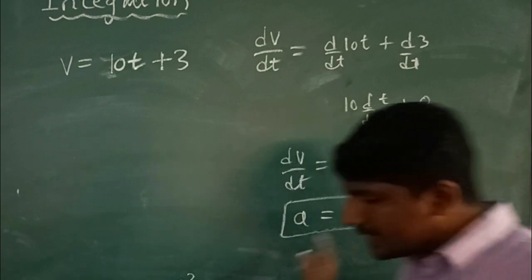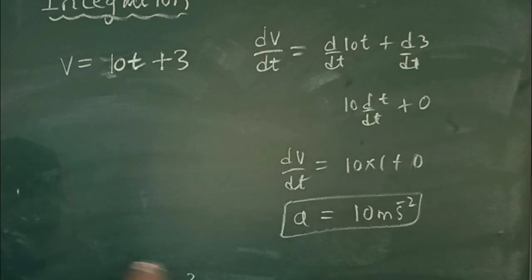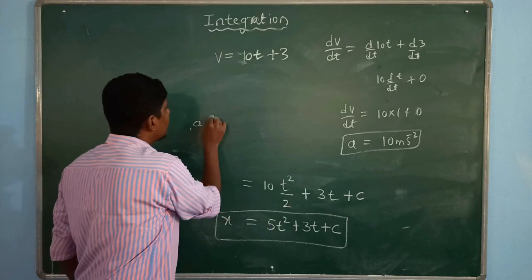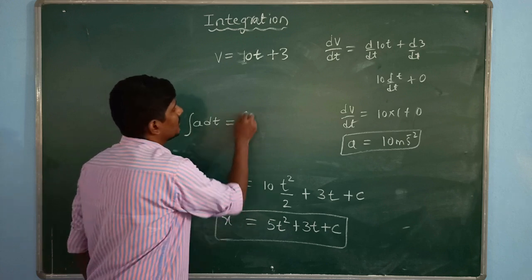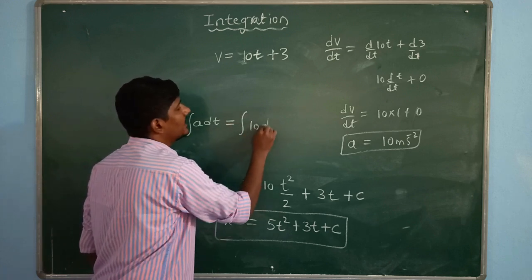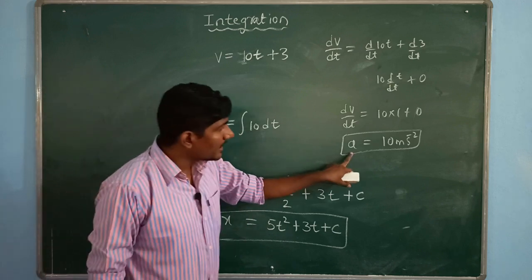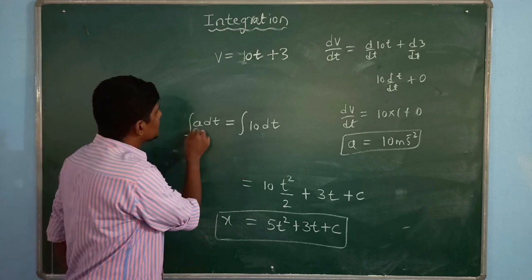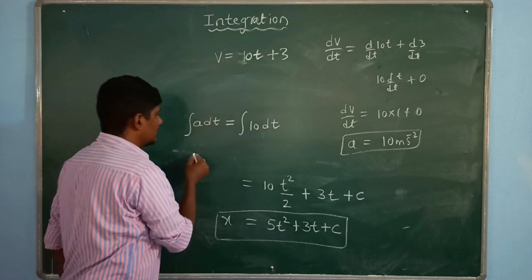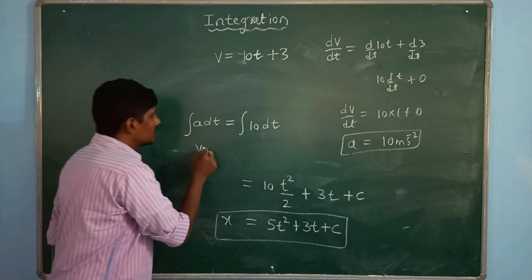So if you integrate acceleration, you should get velocity, this one. Let's see whether it is possible. Integration of a dt is equal to integration of 10 dt. That's how we write. Okay, if you want to integrate a, then you should write dt here. Next, integration of a gives velocity. Reverse process, no? In the beginning I told you using the arrow mark. So this is v.